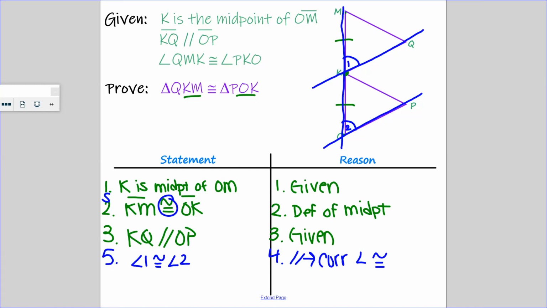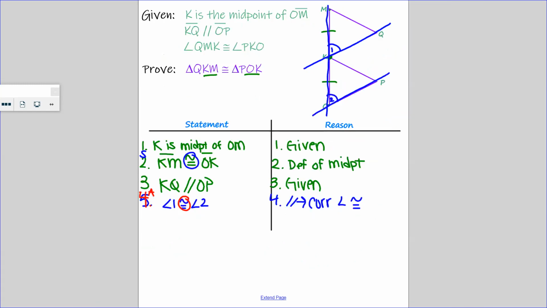And that's congruent sign number 2. Oops, I could number correctly. And the last given that we have is that angle QMK is congruent to angle PKO. And since those 2 angles are congruent, I'm going to go mark them up here. And that's given to us.